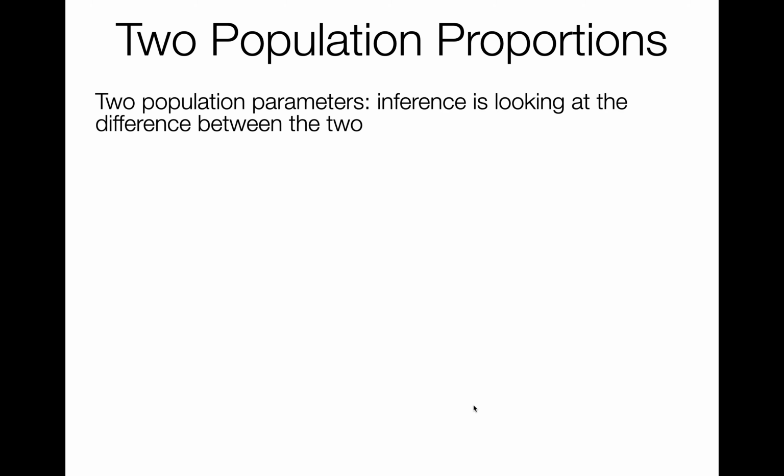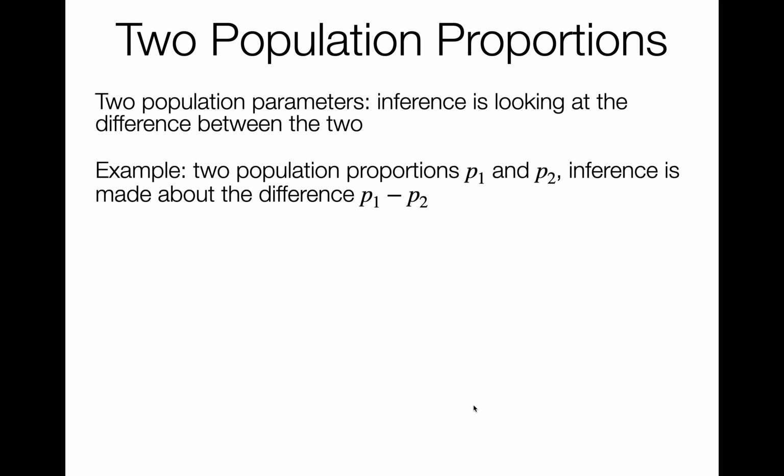When we want to compare two groups, the easiest way is to subtract the two and look at the difference. And so when we do inference, whether it's a confidence interval or a hypothesis test, really what we're going to be doing the inference on is the difference, P1 minus P2. If we have two population proportions, P1 and P2, the inference that we're going to do is looking at the difference between the two.